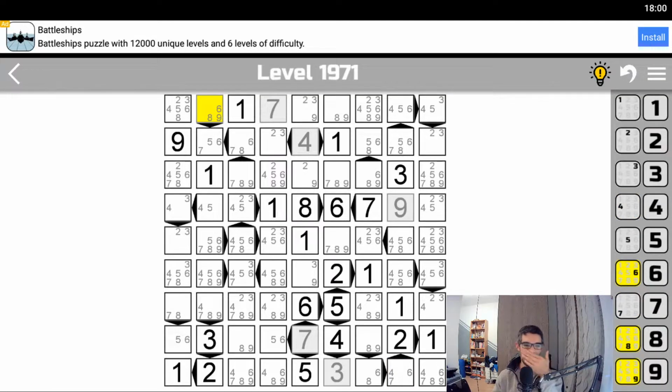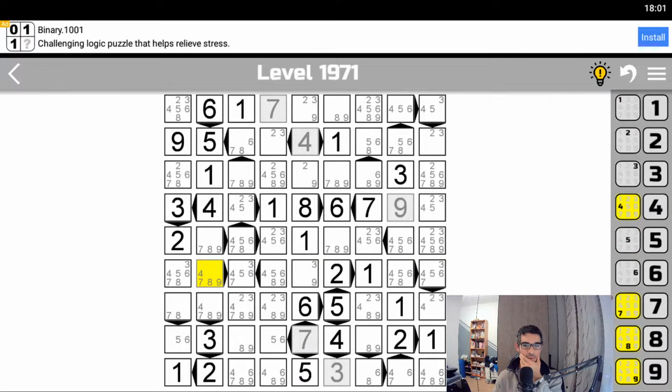For example, let me see here. If this is a 6, this must be a 5. I want to really remove the 6 so in that way I have the other 8, 9 and I can use them as a combo. So if this is a 6, this must be a 5. So let's try to go for that road. Therefore, this means that this must be a 4, this must be a 3, this must be a 2. And with all this, oh no, oops. 5 and 6, I can remove them from here, from here.